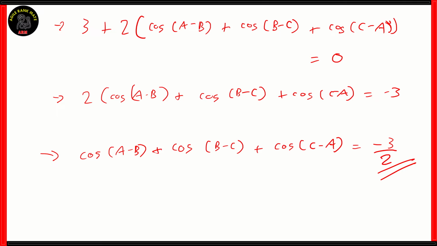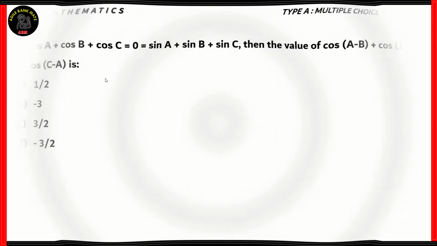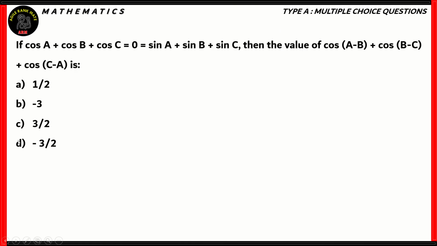So minus 3 by 2 turns out to be the right answer that we are looking for. So option D, minus 3 by 2, is the right answer. C is incorrect because it's 3 by 2. B is incorrect because it's minus 3. A is incorrect because it's 1 by 2.